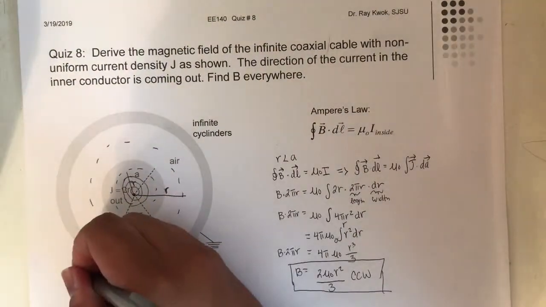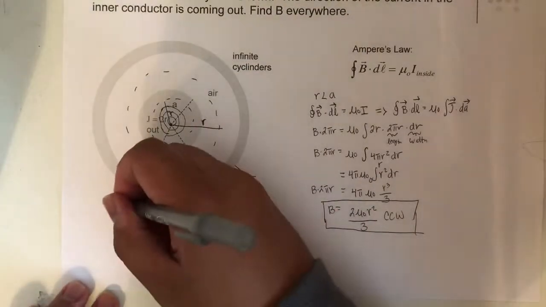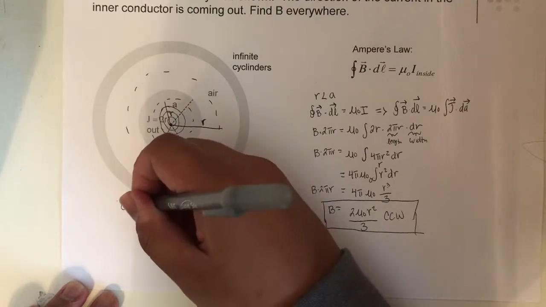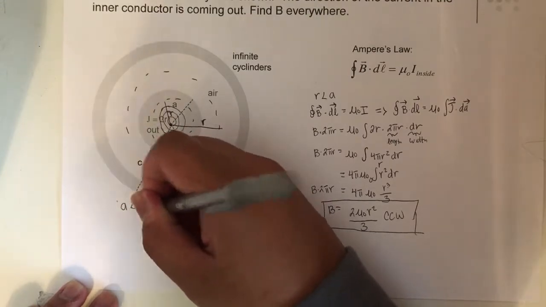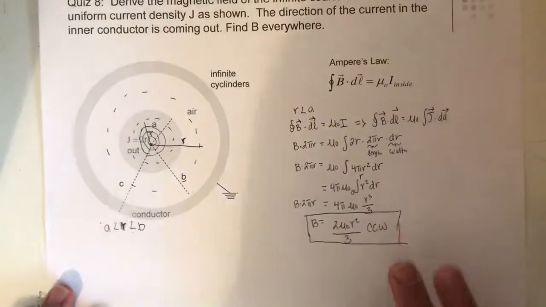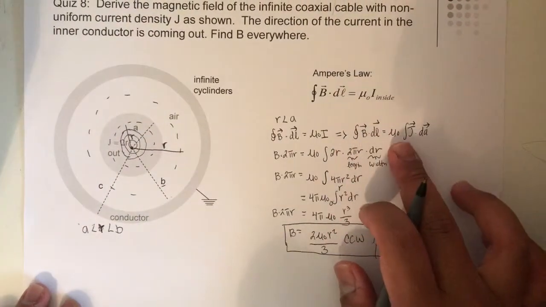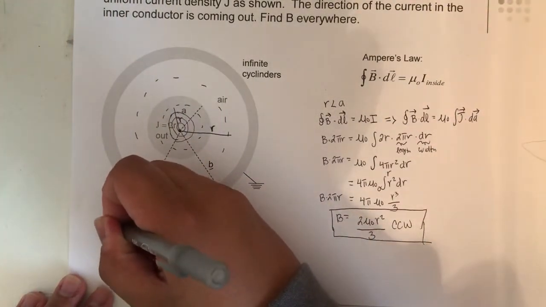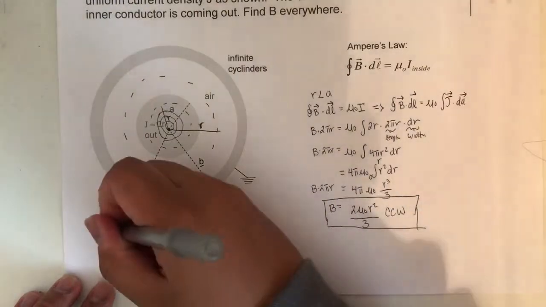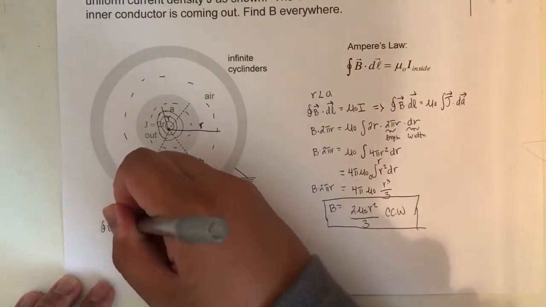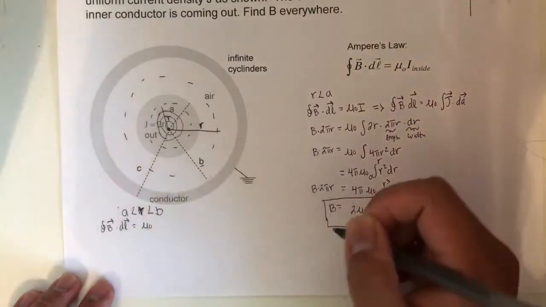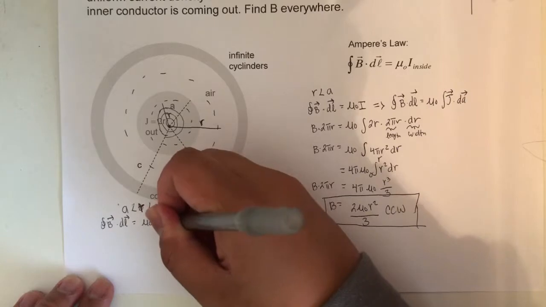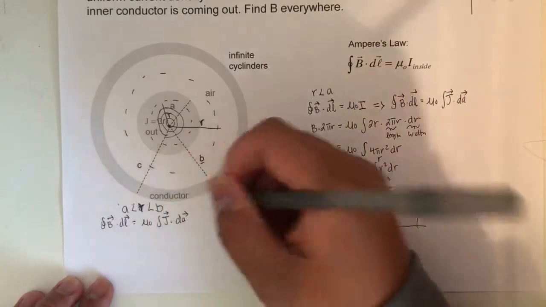So I'll write right here, when a is less than r, less than b. Bring down the same equation: the integral of B magnetic field dot dl equals mu naught integral of J dot dA.